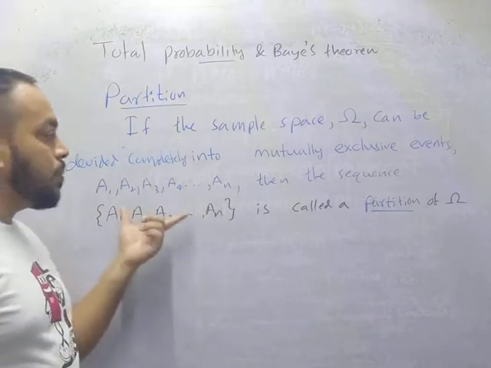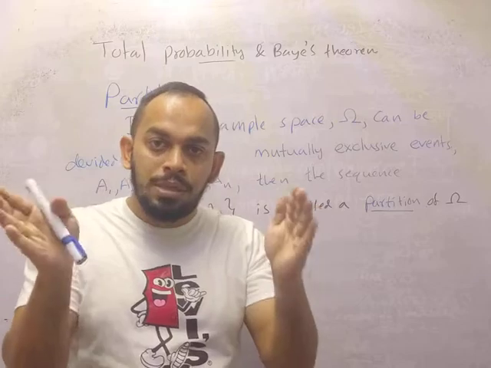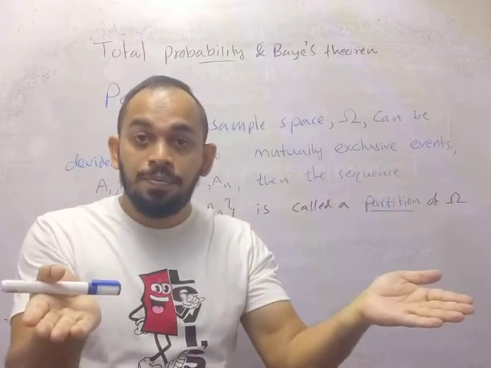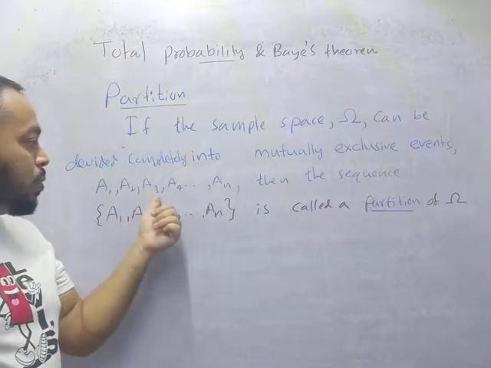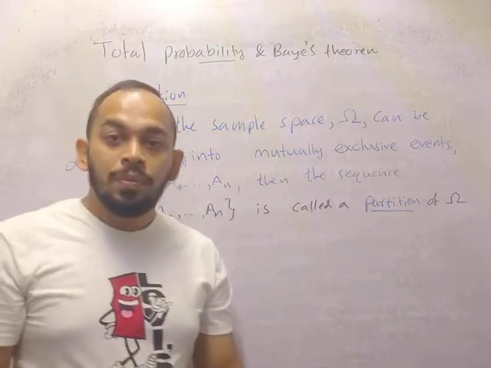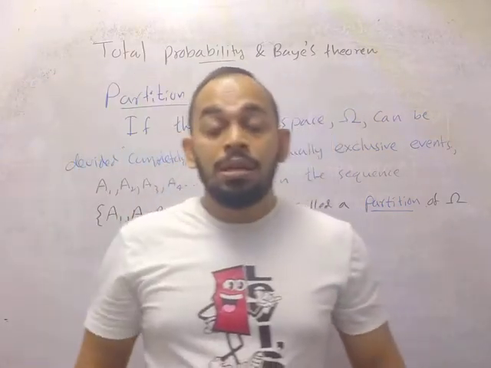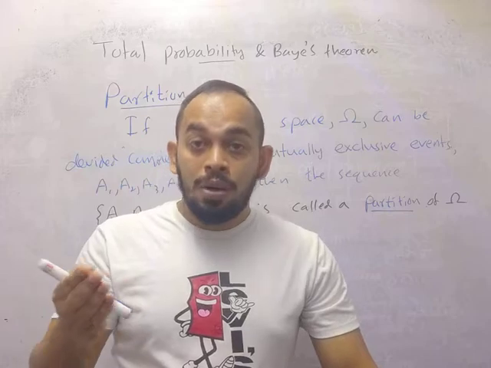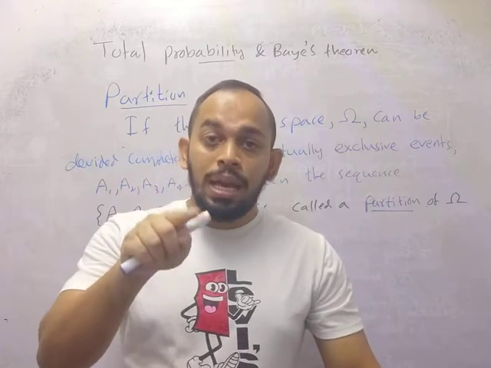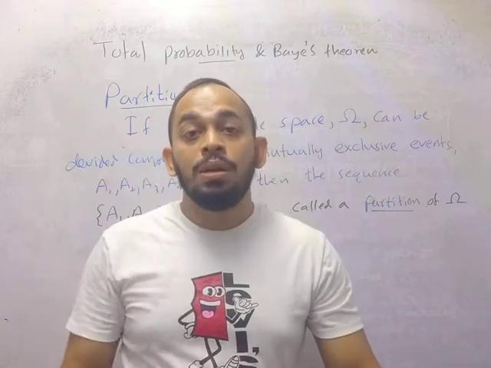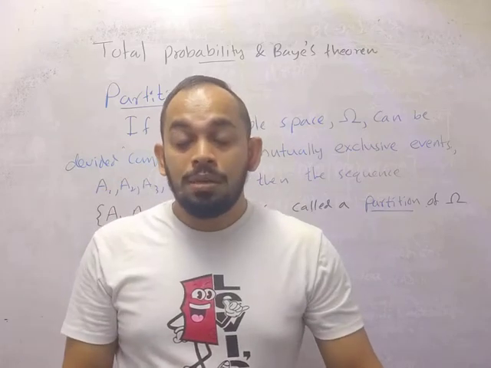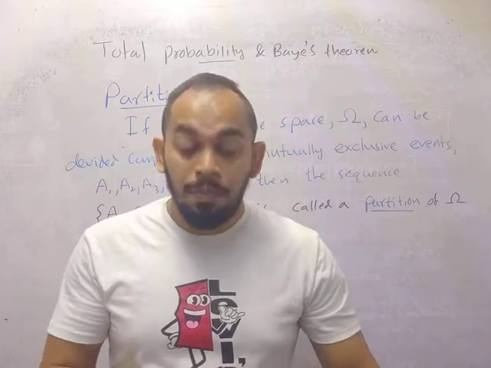Suppose we can divide the sample space into mutually exclusive events A1, A2, A3, A4 up to An. You learned about event space: if we have n outcomes of a random experiment, then we have 2 to the power of n subsets that we can build on it.